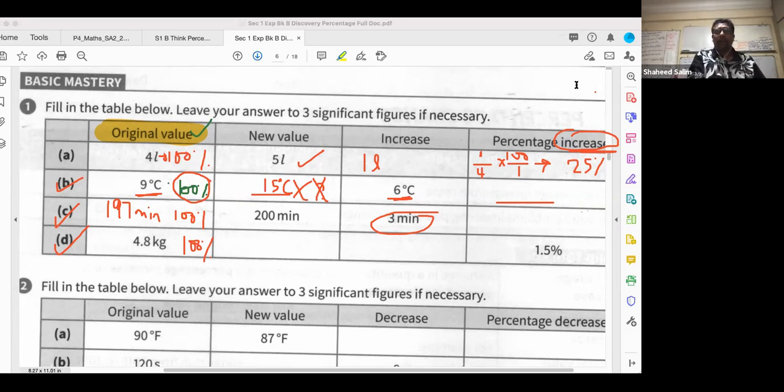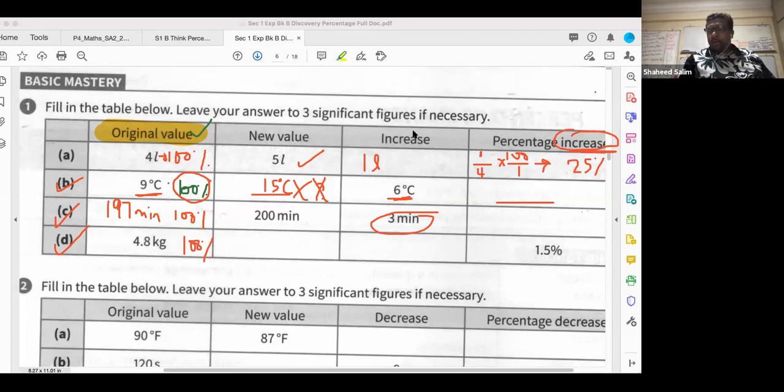Your new value is so big lah. Sophia, your answer for D is wrong. Do you add properly? You can use a calculator, you know. Remember, the increase, so the original must be smaller and this one must be bigger. Yeah, now you're correct, Shafika.